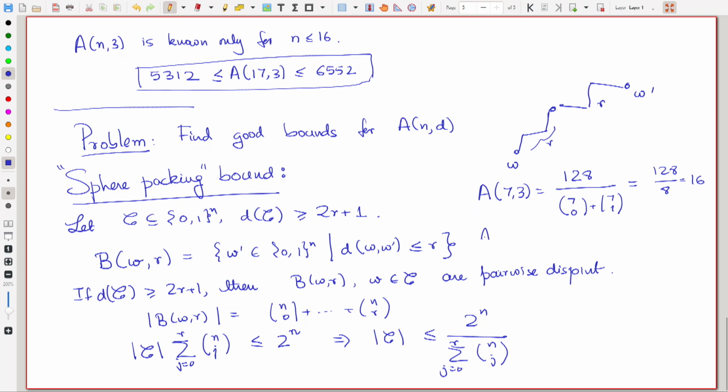So it gives A(17,3) is 131,072, apparently that is 2 to the power 17, and the denominator will end up being 18, and this may not be exactly divisible, but this gives 7281, and the best known bound is 6552. Less than or equal to, sorry, this is also less than or equal to. This just gives an upper bound.